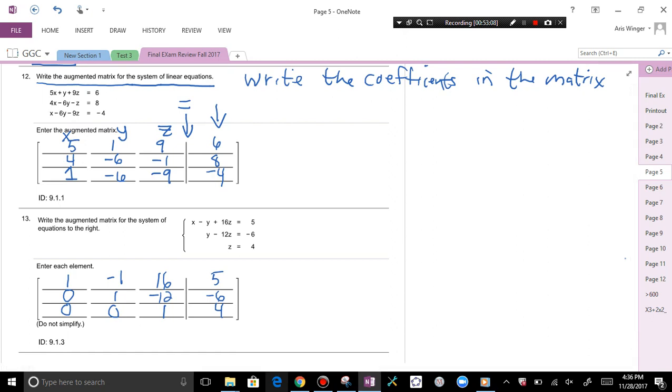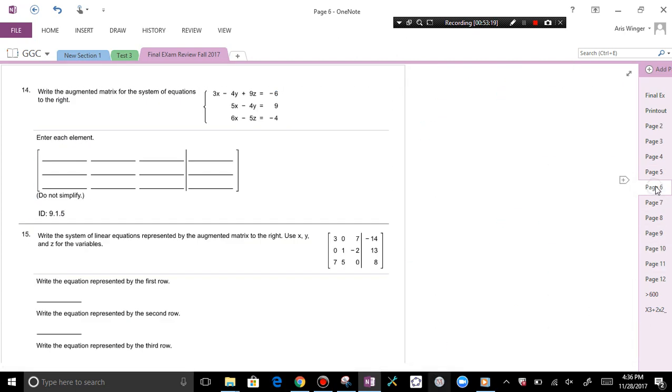Say it again. I believe it's 23. Fourteen's the same. 13, 14, go ahead, and then 15, we're rolling backwards the other way.